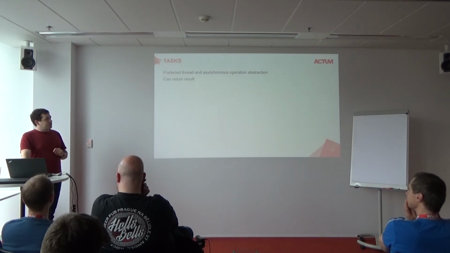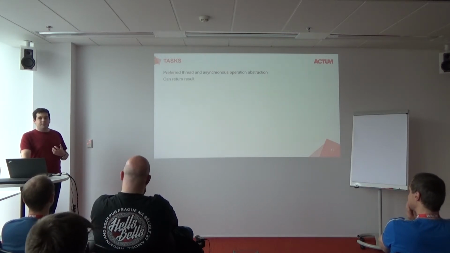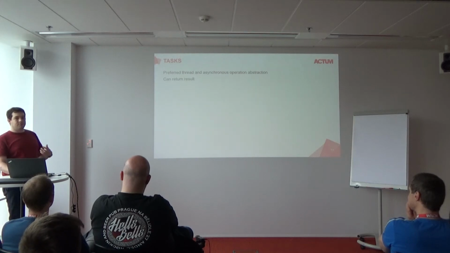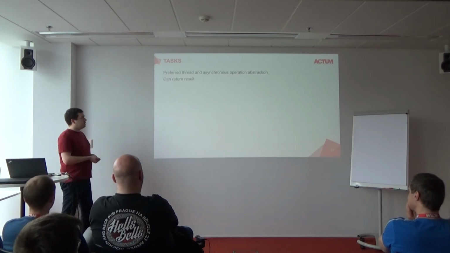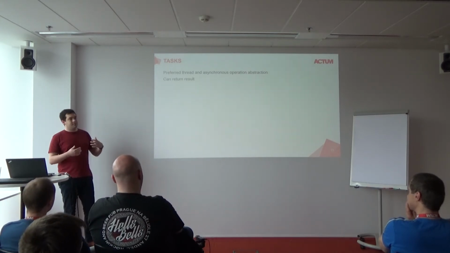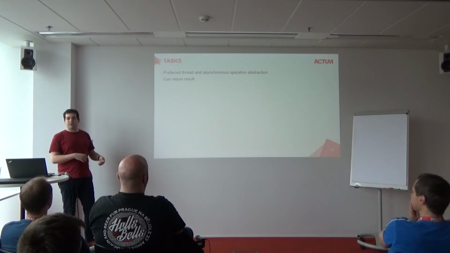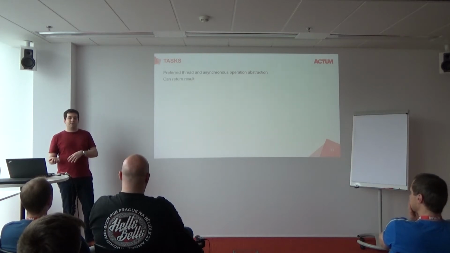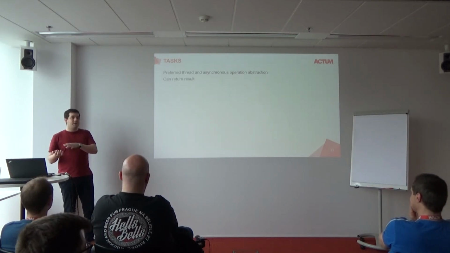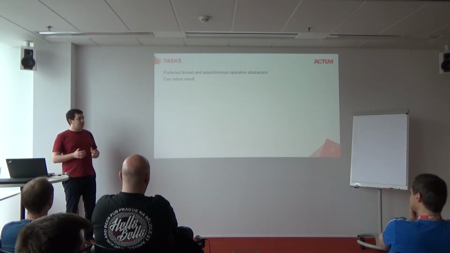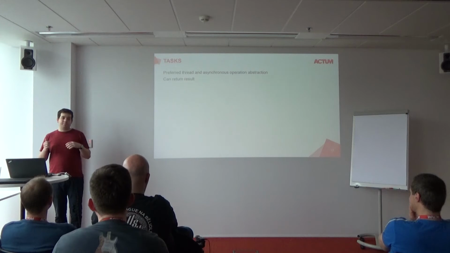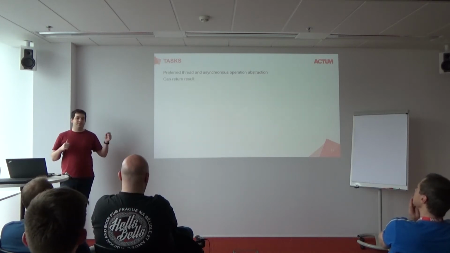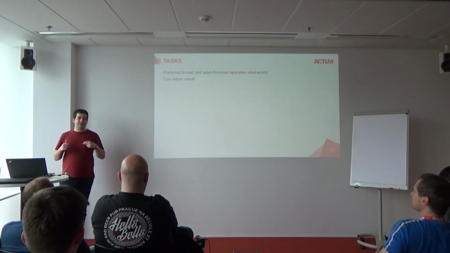There is one quite big improvement because tasks can return some values. That's something that you cannot do with threads or QueueUserWorkItem, but of course you can somehow put it in some variable, then synchronize it, signal something to another thread that the value is ready, but it's not so convenient to use as a task. A task can always end up with some result, and the result is either that it's faulted or there is some result.